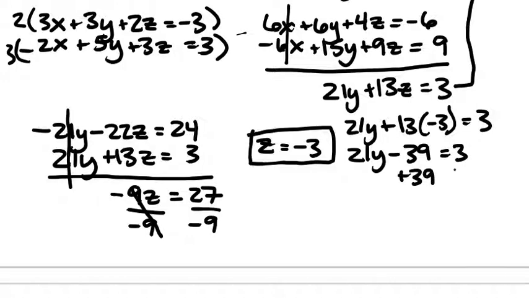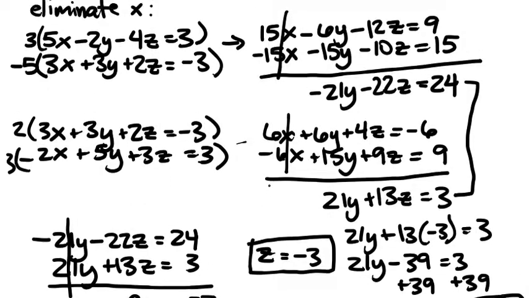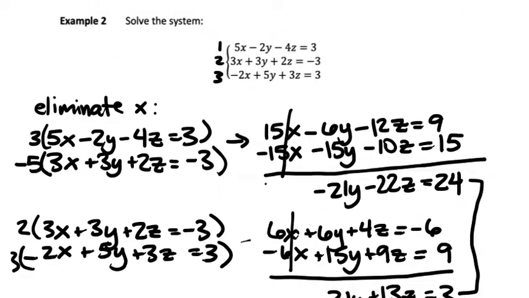This one wasn't too bad, but I've seen it get a little weird. But even if they're weird numbers, in the end, you should end up with things that divide nicely and give you nice whole numbers. So this one is going to be 42 divided by 21 is 2. So y equals 2.